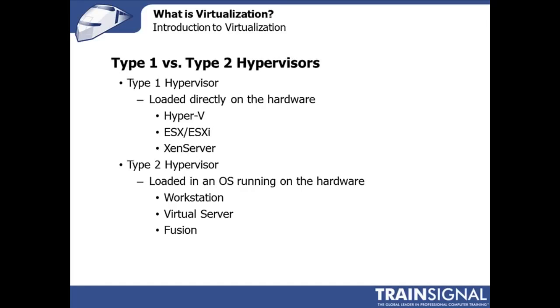So there's tremendous benefits in the Type 2 hypervisor, but it's meant for a desktop or a laptop system that already has an operating system. You already have applications, maybe your email, your web browsing, your Microsoft Office applications. They can all be loaded on there along with the Type 2 hypervisor that's going to give you access to run more virtual machines. And again, I'll be demonstrating many of these hypervisors in this video training course.